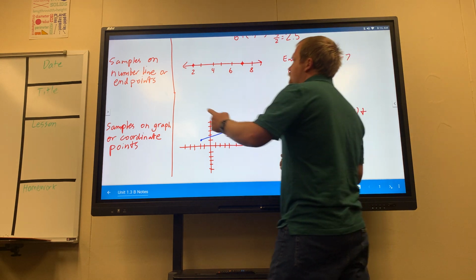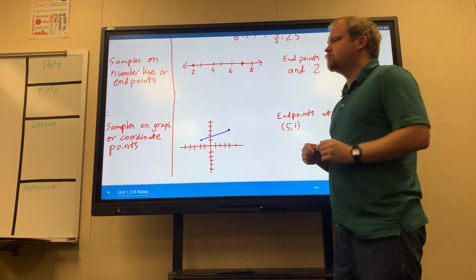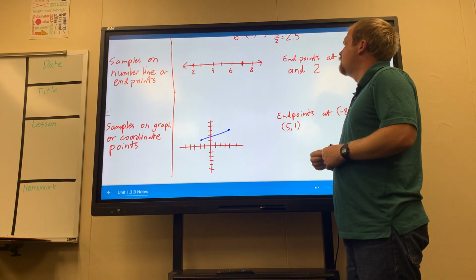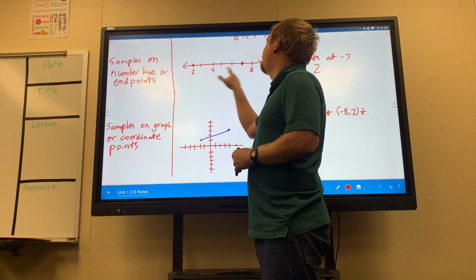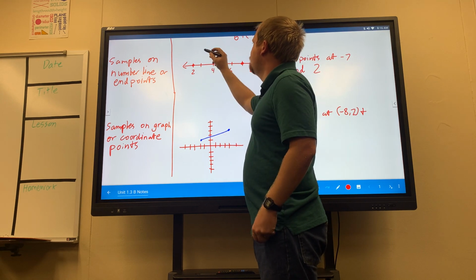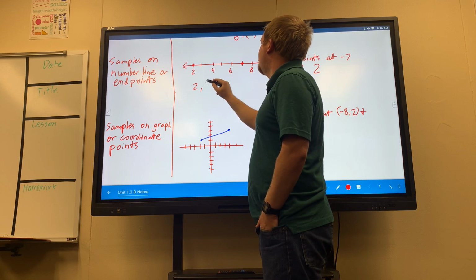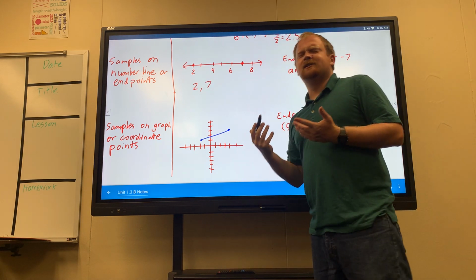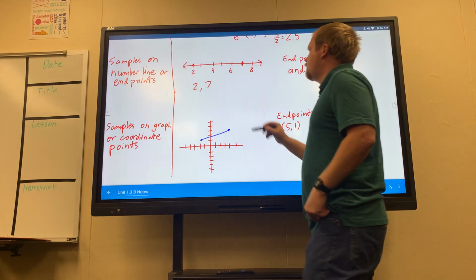So for example, samples on a number line or endpoints. Let's say I have 2 points right here. I have one at 2, and I have one at 7. So really, I just gotta find the average between 7 and 2.